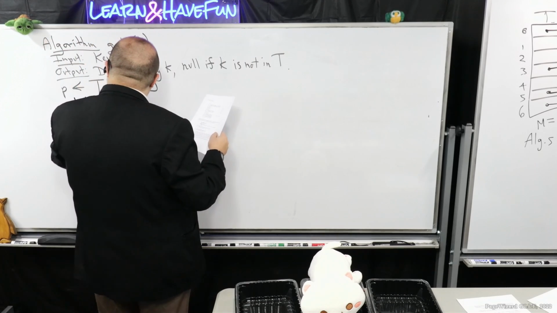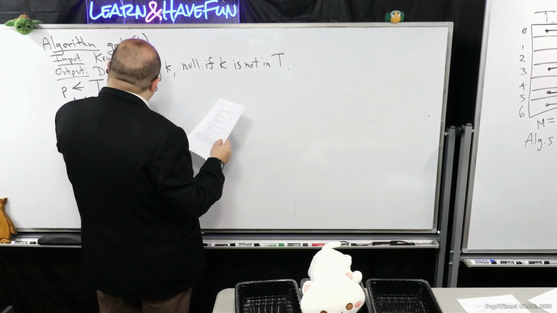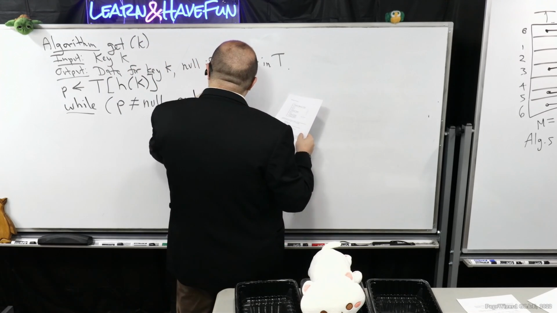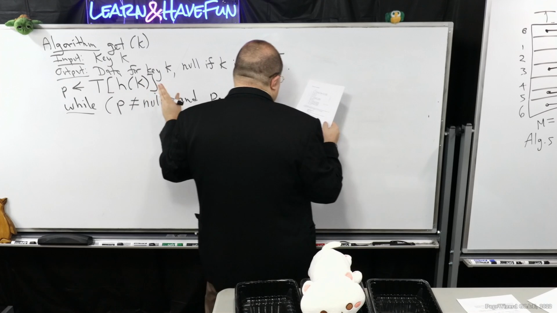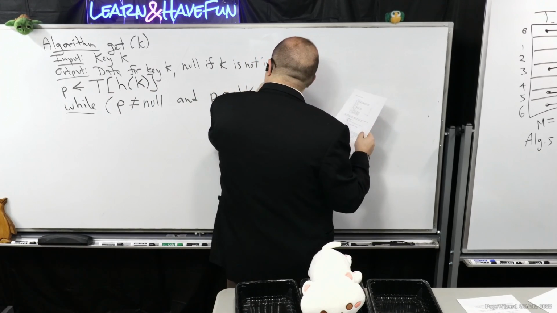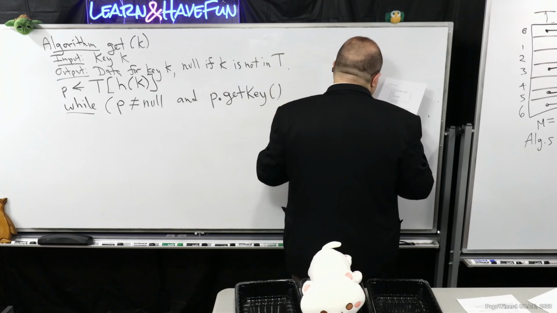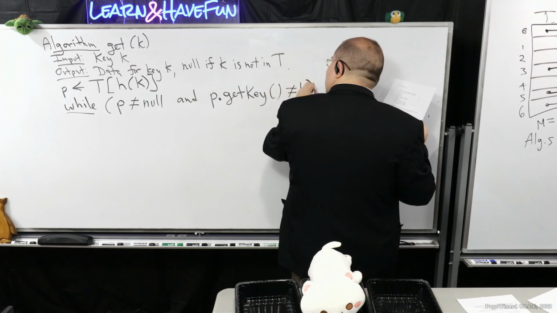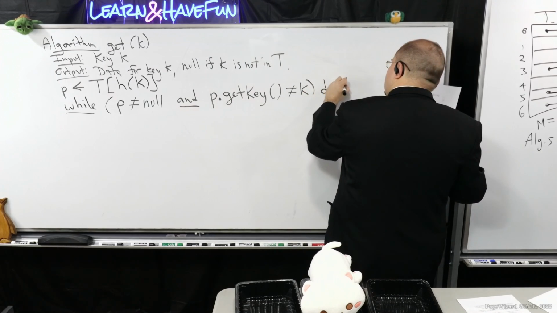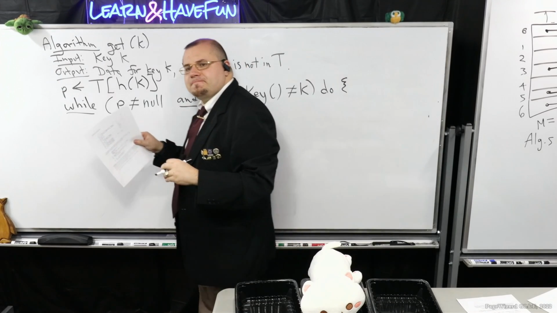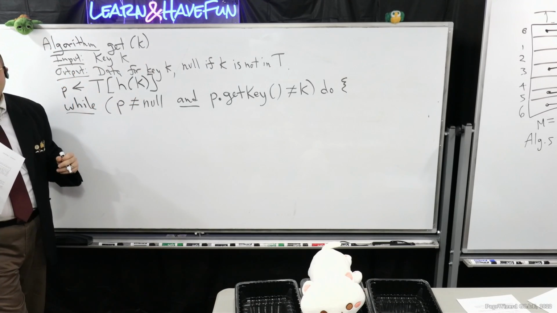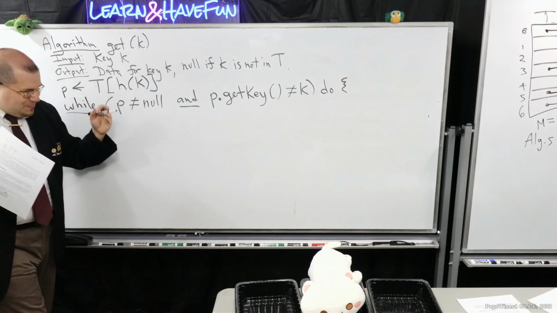Then next, while p is not equal to null, and if I get the key from this node, because remember this is a pointer or reference to a node, if I get the key at that node, if it's not equal to k, if both of these are in fact the case, what can I say? It's both not null and not the key. Wow, that's very natural.